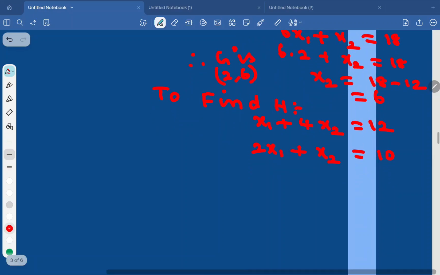Solve using the elimination or substitution method. Here x1, there 2x1. Using elimination, multiply the first equation by 2: 2x1 plus 8x2 equal to 24.